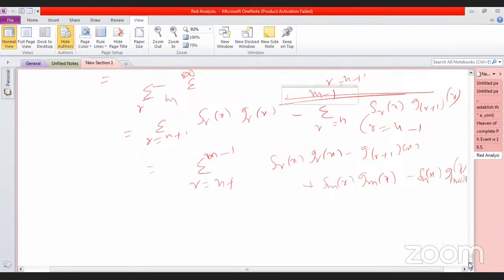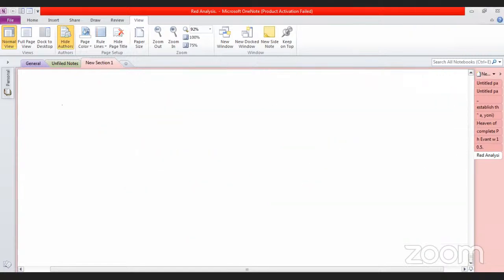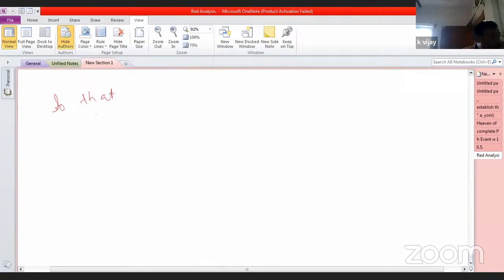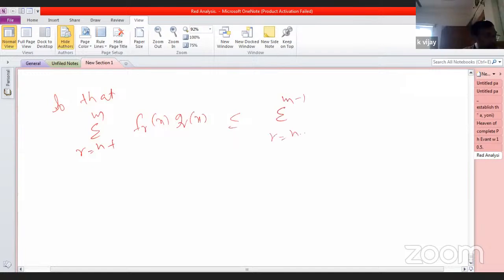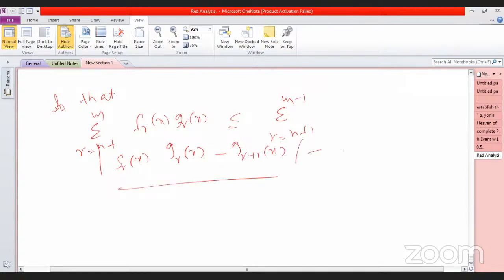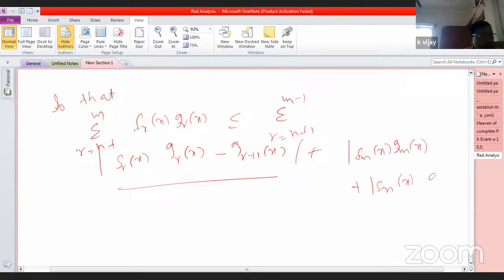So that s1 for x, m is equal to minus 1, r is equal to n plus 1, srx g of rx minus gr plus 1x. So srx grx minus gr plus 1x plus sn of x, g of n plus 1x.